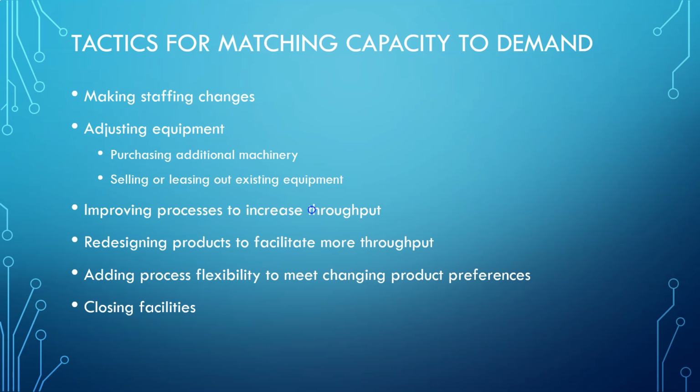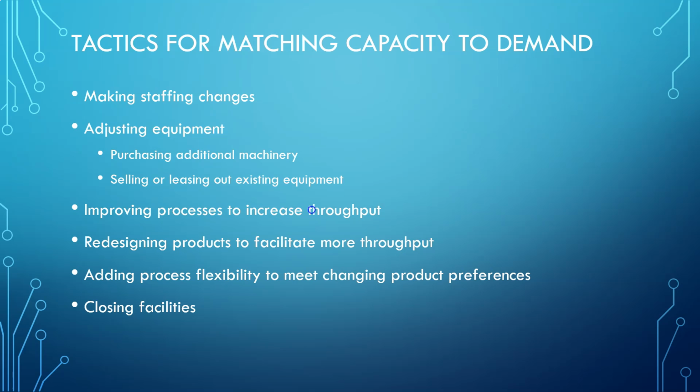And it's very important to understand exactly what's going on with the current processes, and if we need to increase the throughput, or we need to redesign the product to facilitate more throughput through using modular design, or changing the material used, or any other design related options.